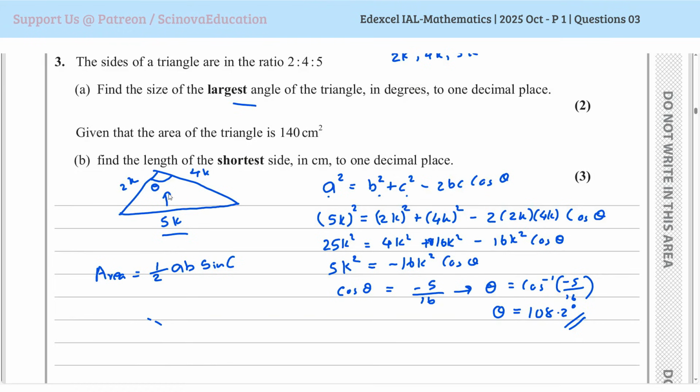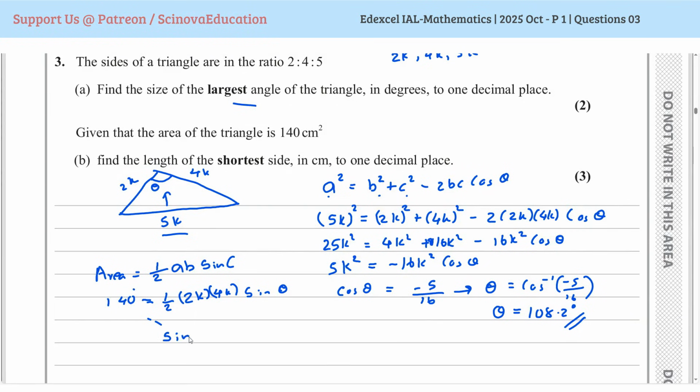So if you use the angle that we already found, we get half times a and b, which are the adjacent sides for the given angle, which is 2k times 4k times sine theta. Theta is the value that we already found, and the area equals 140.